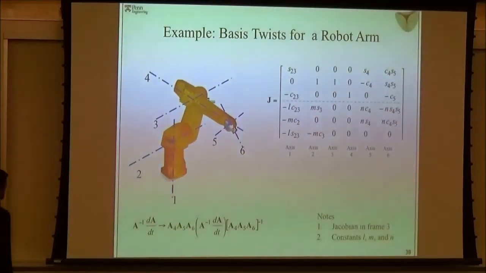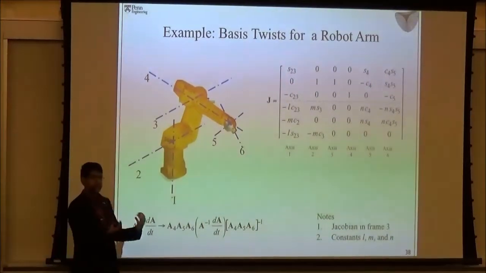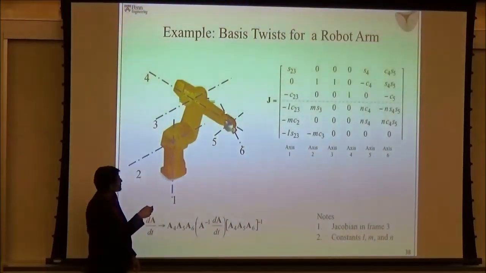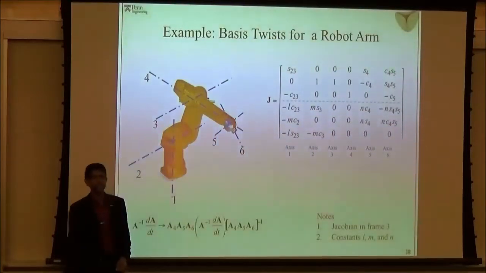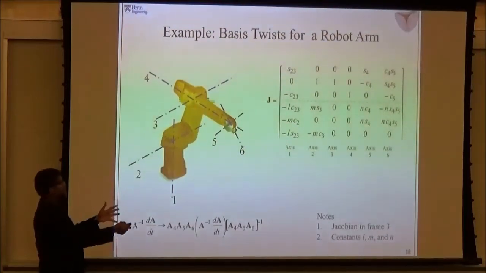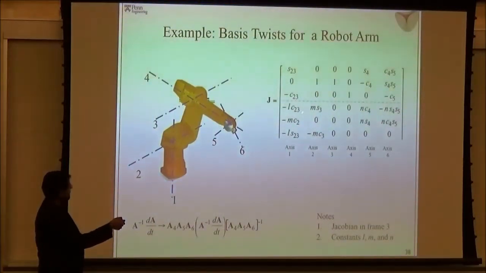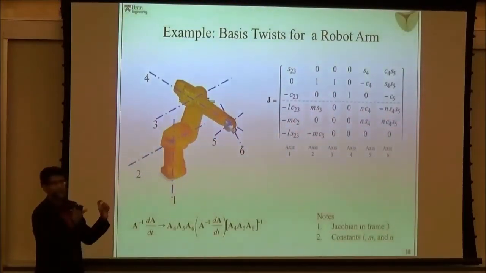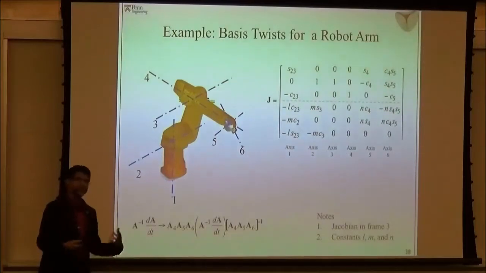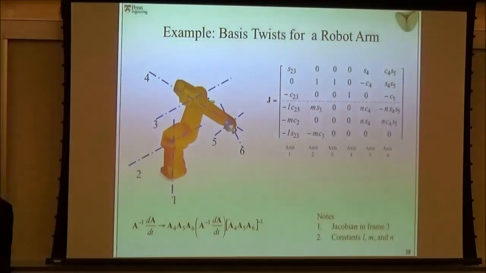And what I've done is simply write down those basis twists in an intermediate frame which happens to be located here at the point of concurrency of 4, 5, and 6. And that gives me a very simple expression. Here, L, N, etc. are the joint offsets and the link lengths, and all of these are sines and cosines of theta 4, theta 5, and so on and so forth.